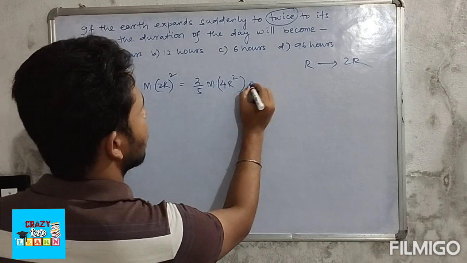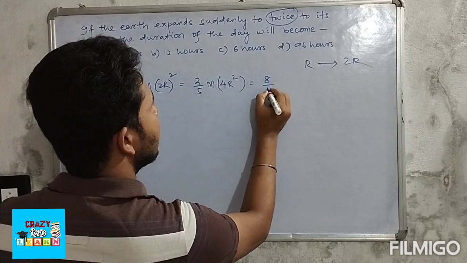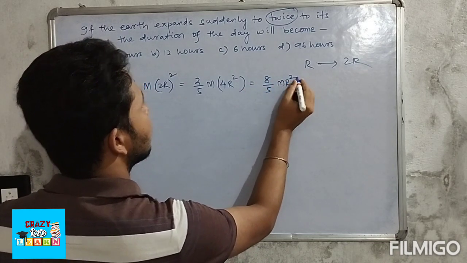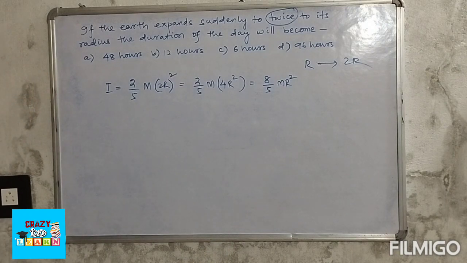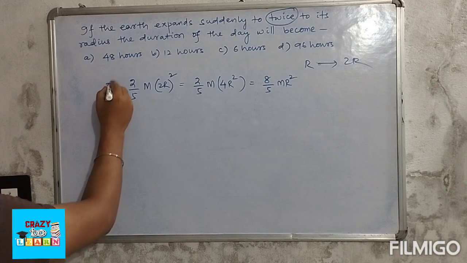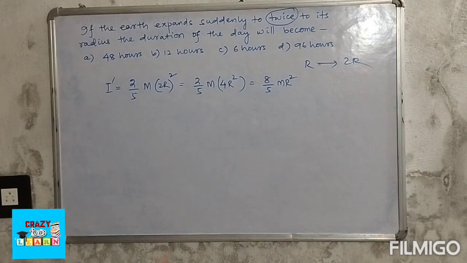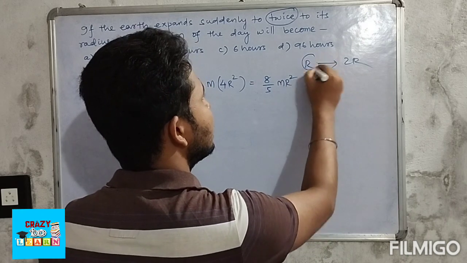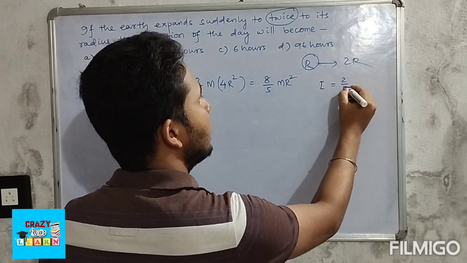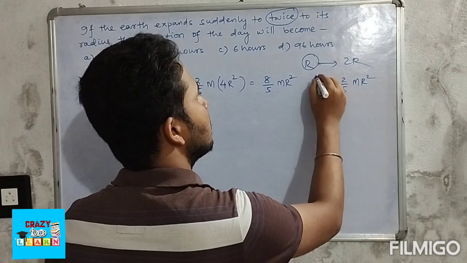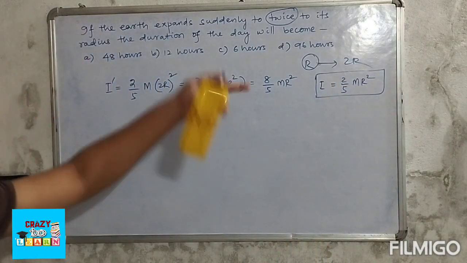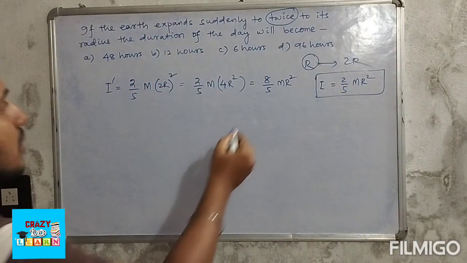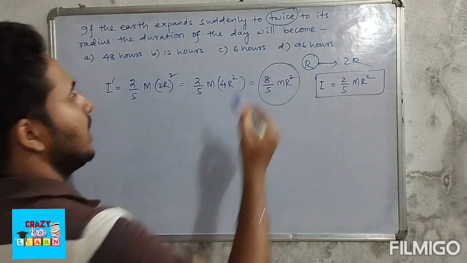Take 4 out, 4 into 2 is 8, 8 by 5 mr square. So the new one is I dash. The first I, the moment of inertia in the first case when the radius is r, is 2 by 5 mr square, but when you double the radius, the new moment of inertia is 8 by 5 mr square.